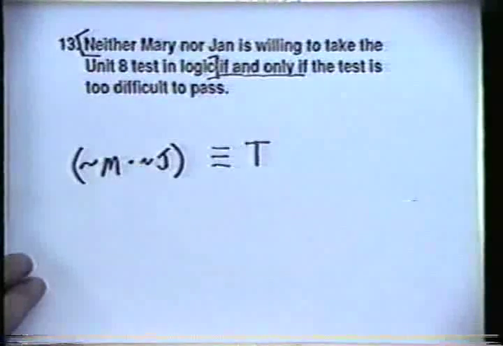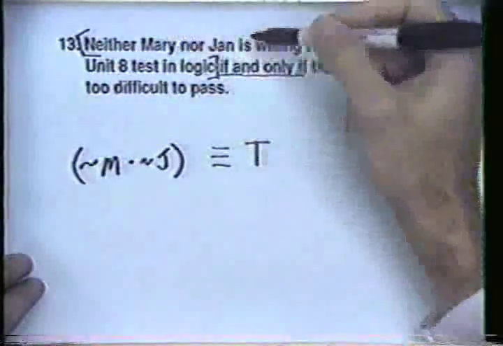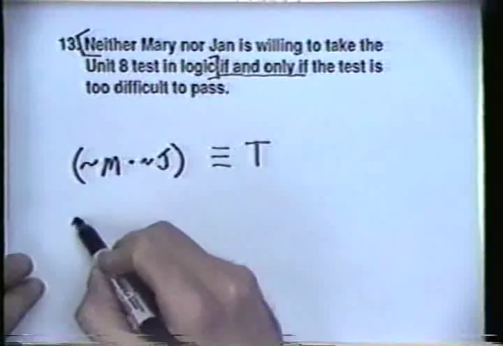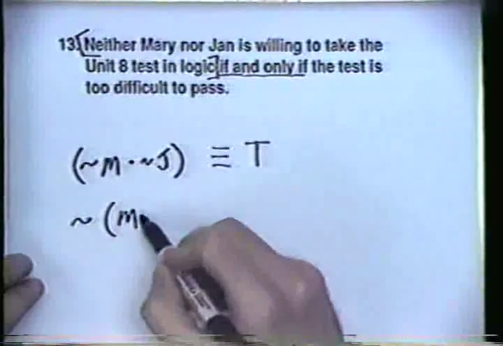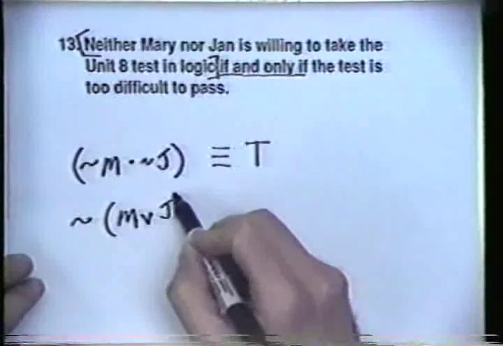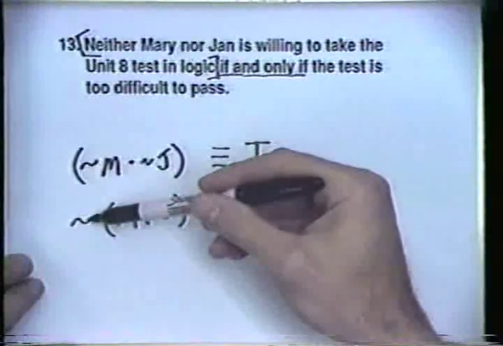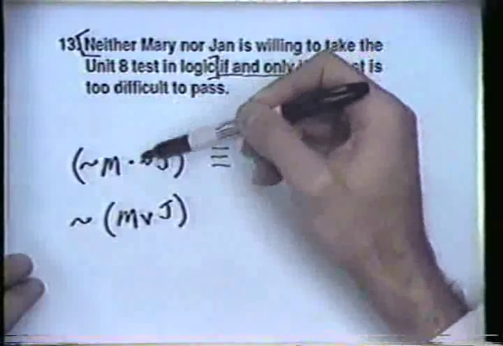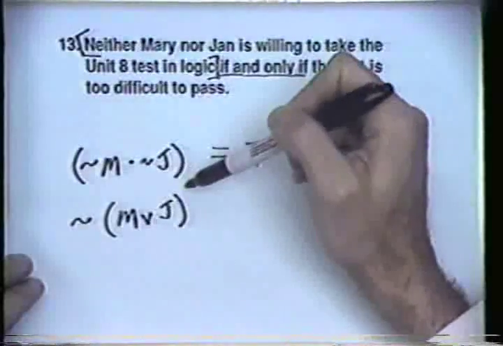We could also do it with a disjunction and a different placement of the tilde. If we're denying that both Mary and Jan are willing to take the test, we can say it's false that either Mary is willing to take the test or Jan is willing to take the test. Notice that here we have a tilde on the outside of a disjunction, whereas up here we have a conjunction with two tildes that are within the parentheses.